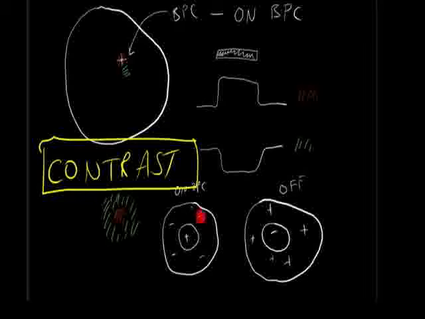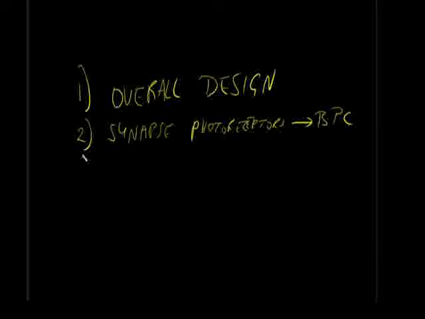So a constant light over the whole thing wouldn't cause a response. It's only when there's light at one point and dark at another that I get a response in these bipolar cells. So that's why I say they're all about contrast. That's now our third thing that we wanted to talk about, which is lateral inhibition and contrast.